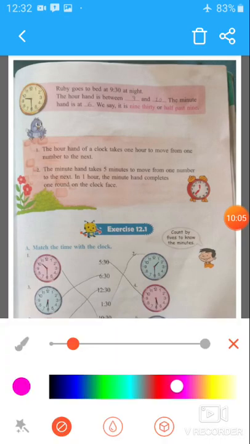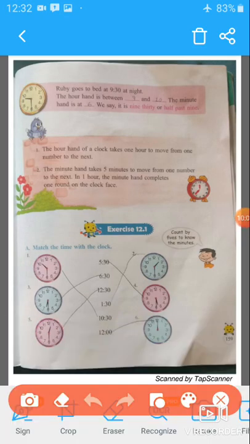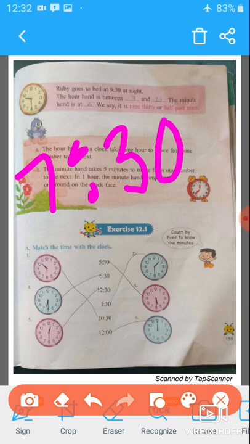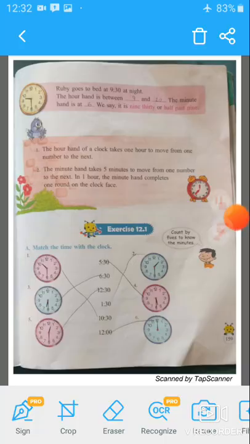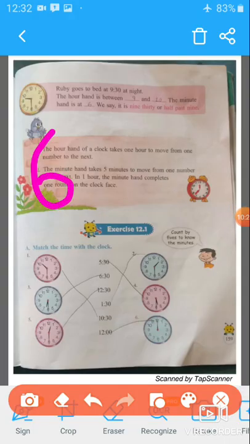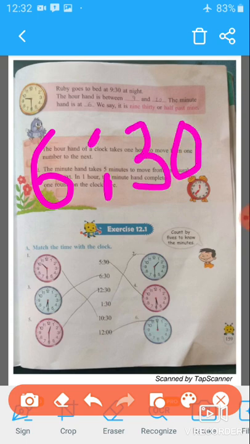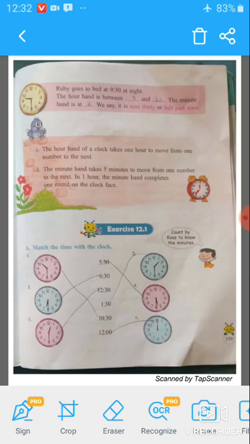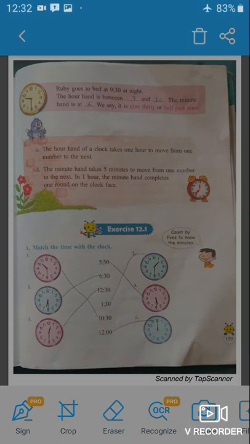It means this shows the time half past 6. That means 6 colon 30. So, you will match it with 6 colon 30.